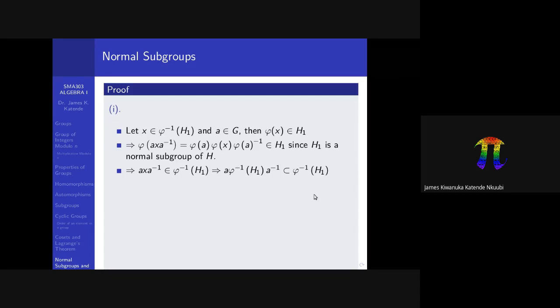And that shows that the preimage is a normal subgroup of G. I think the one thing maybe that is missing here is that you need to show that the preimage of a subgroup is a subgroup also.